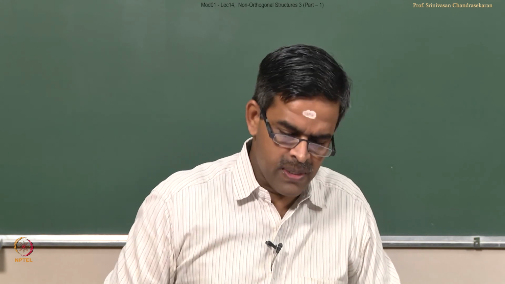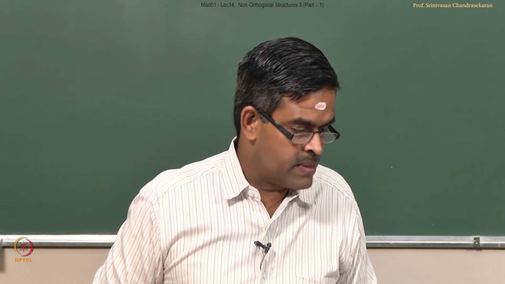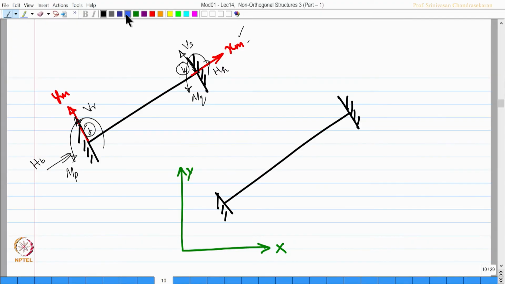When I move this to the global axis system, then I mark in a different manner. This is going to be my M bar P, this is my M bar Q, M bar refers to the reference axis.